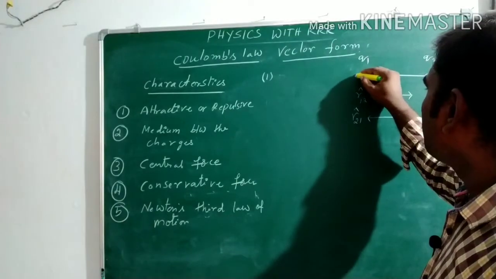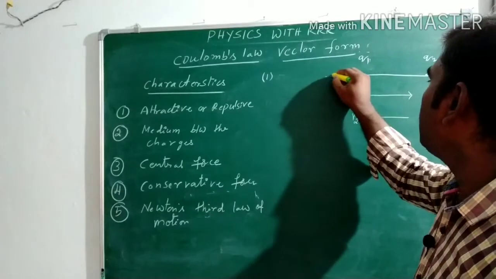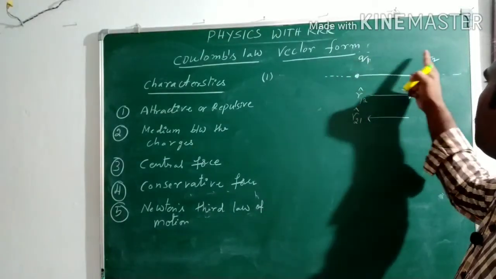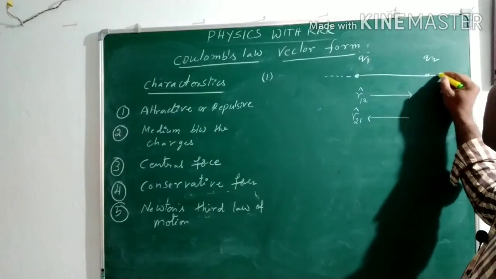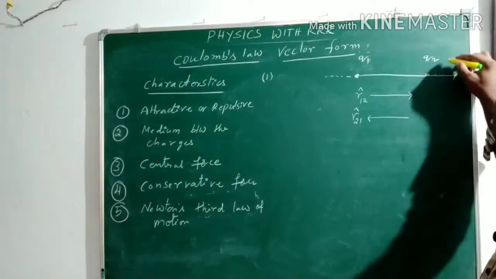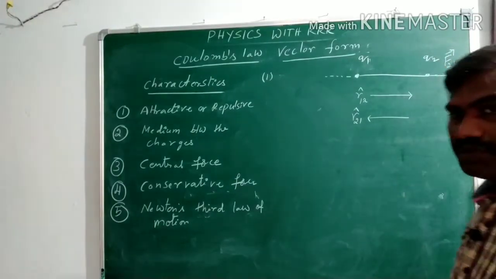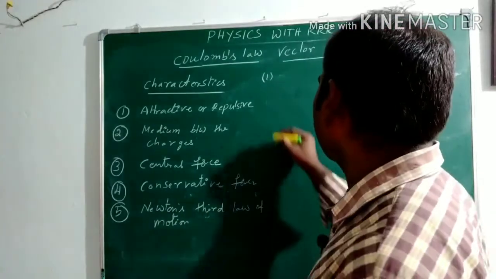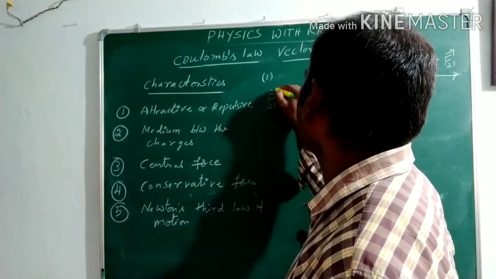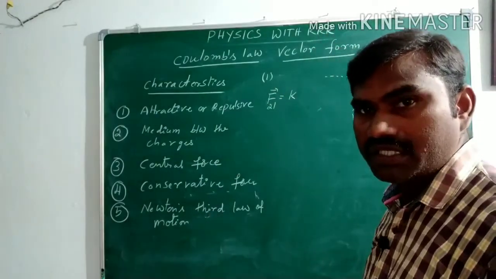Now this is charge Q1 and this is charge Q2. This is the line. Now this will exert a repulsive force on this. The force is in this direction as we discussed earlier. So this is force on 2 due to 1. Now how can we represent it? Force on 2 due to 1 will be equal to K, where K depends on the medium and system of units.